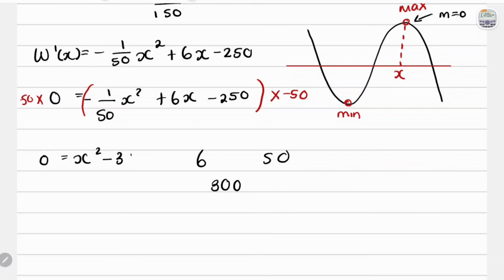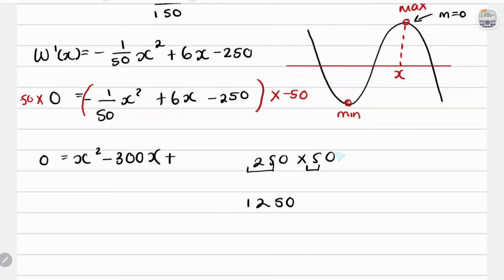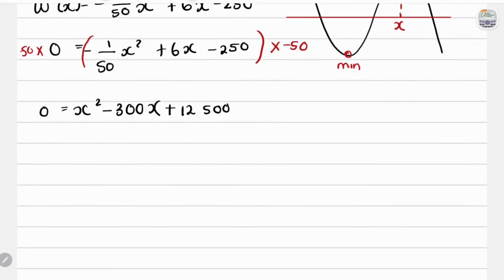So that is negative 300x. Then lastly, negative 50 times negative 250 becomes positive. What's 250 times 50? Well, 25 times 5 gives you 125, and then just put your 0 and your other 0. So that's 12,500. Okay, so this is what we have.